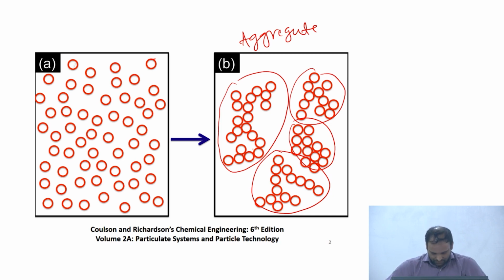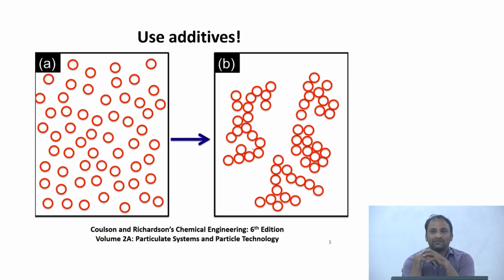All of you have, I'm sure, looked at this. So basically use additives, right? Do you know of some process where people use additives to make the particles aggregate or cluster together? You would have heard in the context of water purification, right?